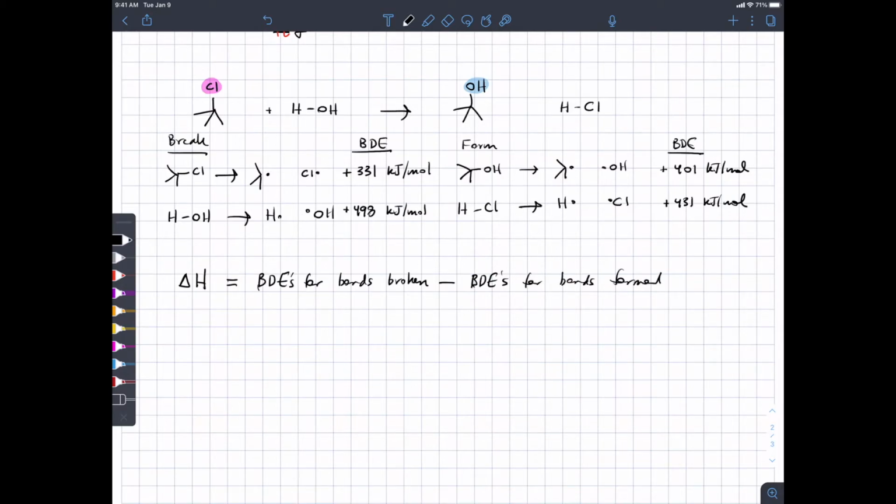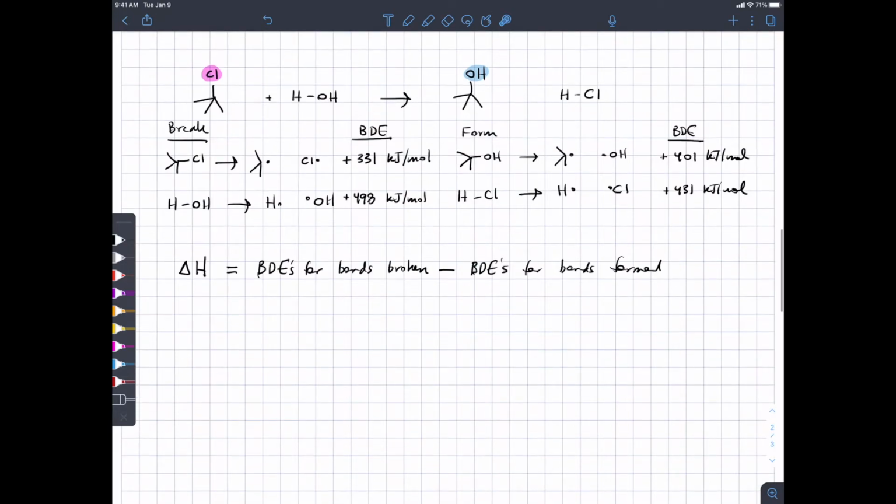Why do you think that's the case? Why am I subtracting the enthalpies for the bonds formed? Yeah? When a bond is formed, that energy is released. Right. When a bond's formed, that energy is released. Forming a bond would be the backwards reaction, going from these two to this product.